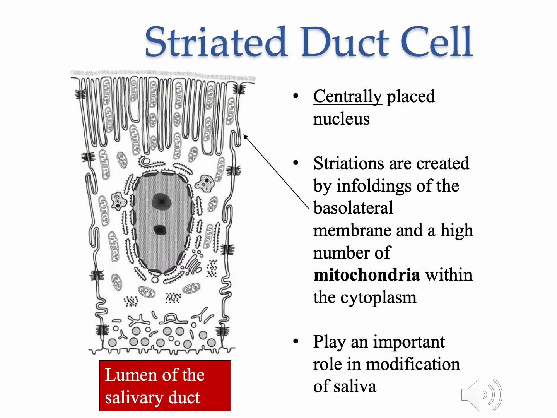The reason for this unique appearance to the cytoplasm within the striated duct cell is because the basolateral membrane is actually extensively infolded. And within the cytoplasm in these infoldings is a high quantity of mitochondria. This particular architecture is quite important for modifying saliva.